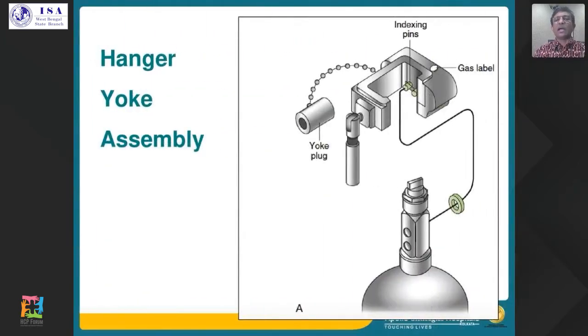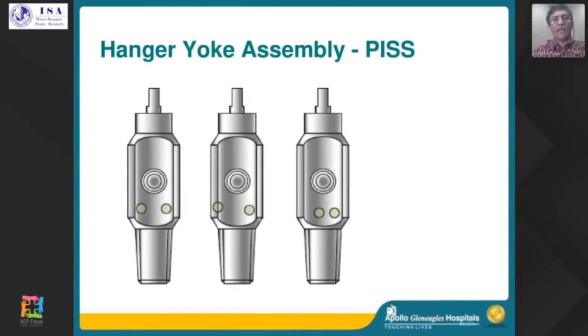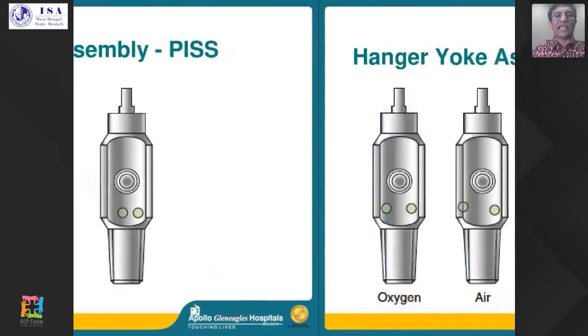If you look at it, I think most of you must have by this time been familiar with this. The hanger yoke assembly has the index pins, and the corresponding receiving area is in the cylinders. You have the yoke plug, and this is how it hangs to the machine. So the hanger yoke assembly, and this is what the cylinders would look like.